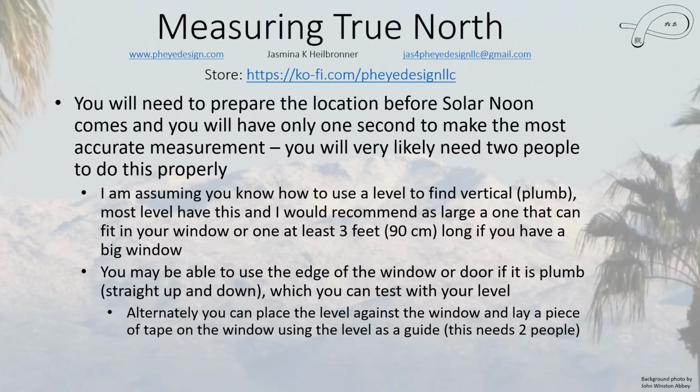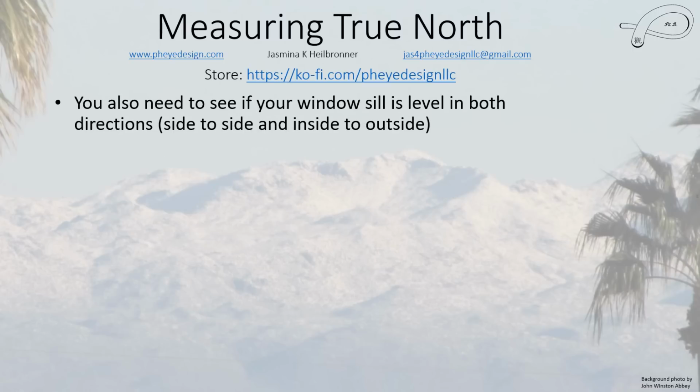And this tape should be relatively long so that you'll be able to get the shadow where you need it. If it's too short, sometimes the shadow isn't where you can measure it. I mean, that's what I'm worried about. But then you just do it again with another piece of tape in an appropriate area.